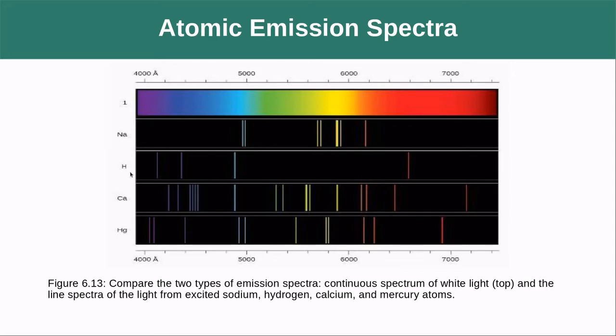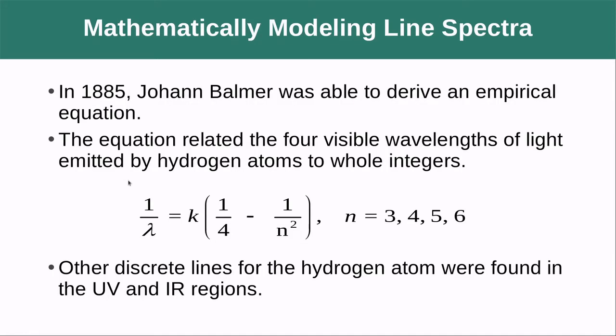Then the electron falls back down and emits a photon with a specific energy. If the electrons in hydrogen could have any energy state, then you would get the continuous spectrum. But if there were only some permissible energy states for the electrons in hydrogen, then you wind up getting these discrete lines. That again is an example of quantization, and we're going to jump into some of the theory behind it now.